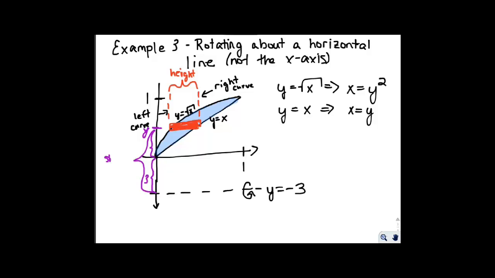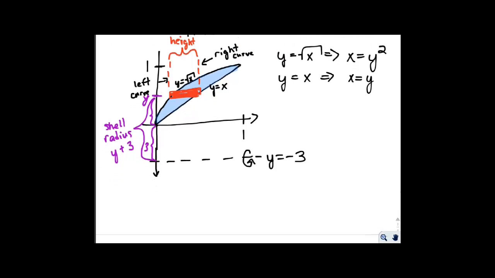So our shell radius in this case is y plus 3. And our shell height is the curve on the right, which is our y equals x, minus the curve on the left, which is our y squared curve.